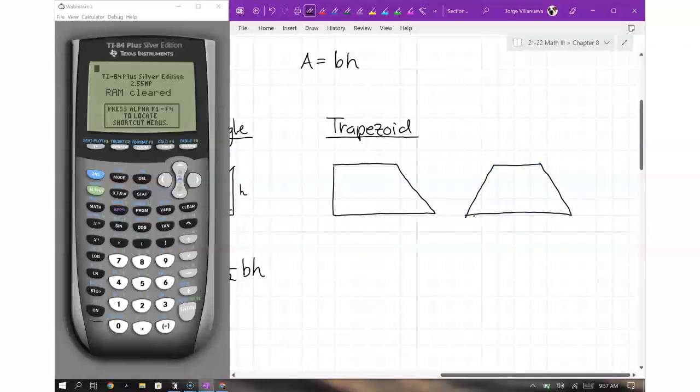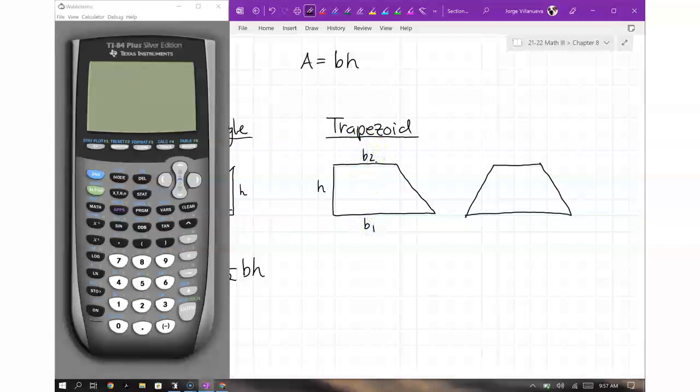Now, the reason why I'm giving you both is just so you can see how the formulas are going to be attached to these shapes. So this would be your height. This would be base 1, base 2. If it's the other picture, base 1, base 2, and your height is this distance right there.